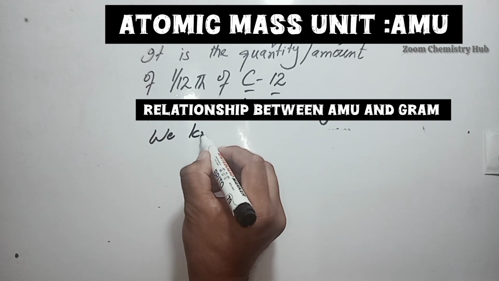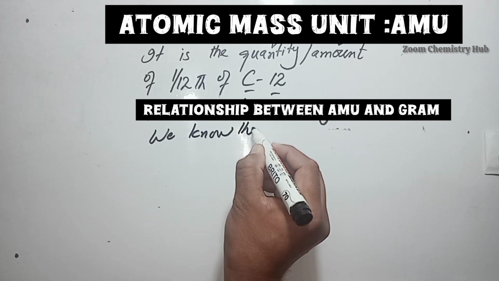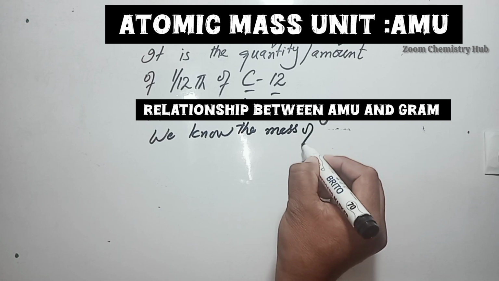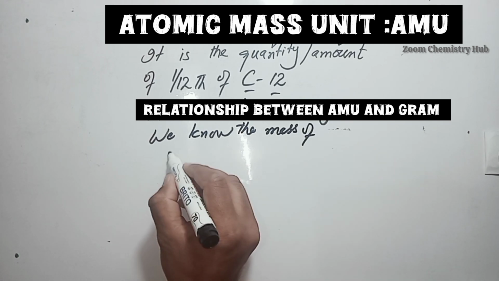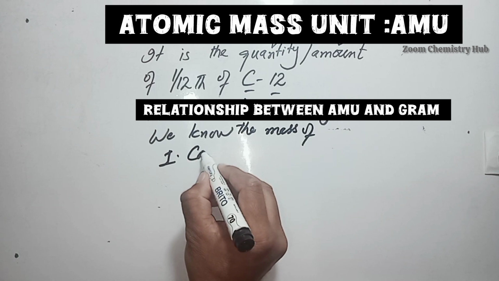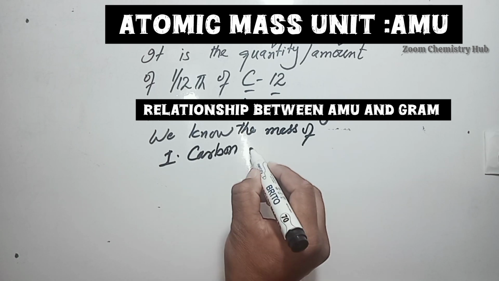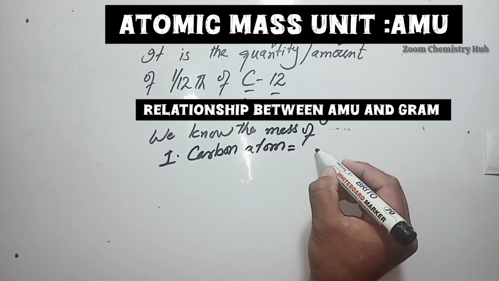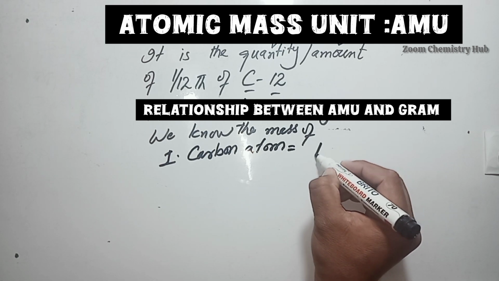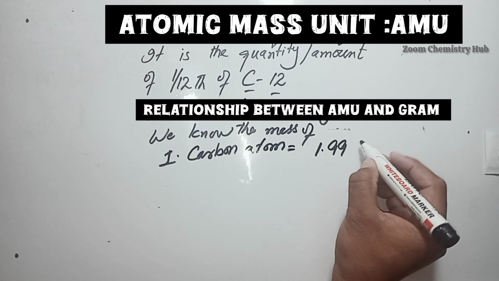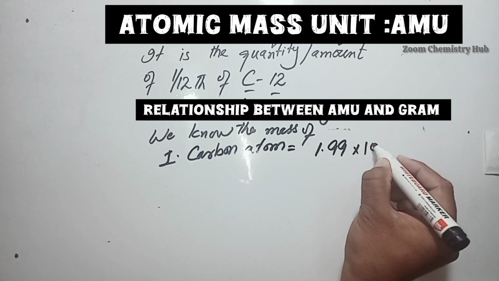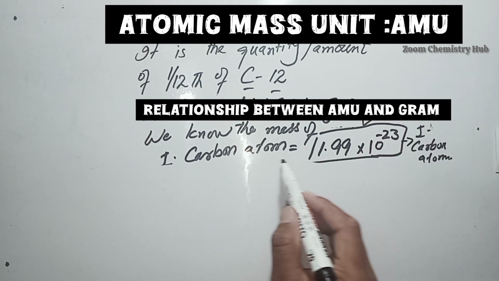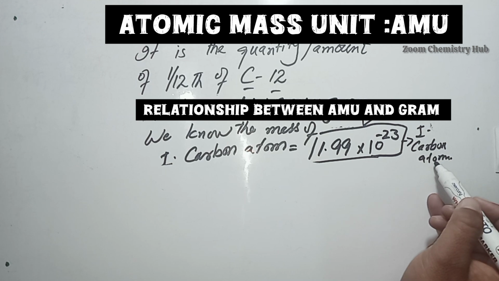We know the mass of 1 carbon atom, that we have already calculated, 1.99 multiplied by 10 raised to power minus 23. So this is the mass of 1 atom of carbon.